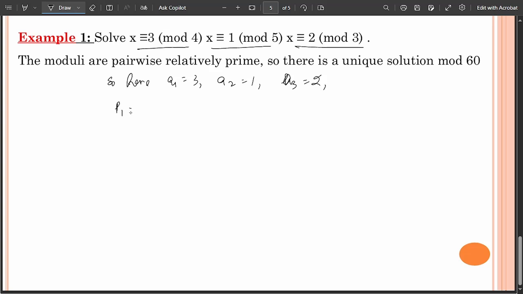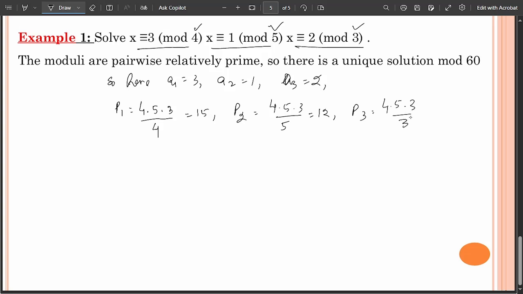We multiply m1, m2, m3 and divide by m1. That means 4 into 5 into 3 divided by 4, that is 15. Similarly, p2 is 4 into 5 into 3 divided by 5, that is 12, and p3 is 4 into 5 into 3 divided by 3, that is 20.